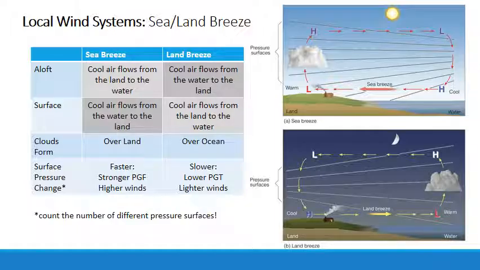Because the land is a better conductor of heat than water is, its temperature increases much more quickly as solar radiation starts to heat the ground surface after sunrise. The ocean surface temperature increases much more slowly, leaving it relatively cool.